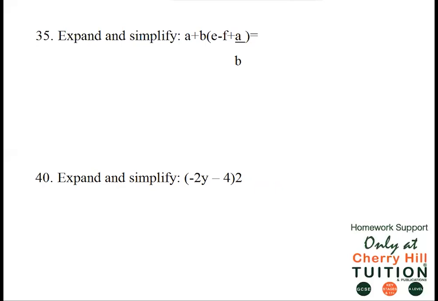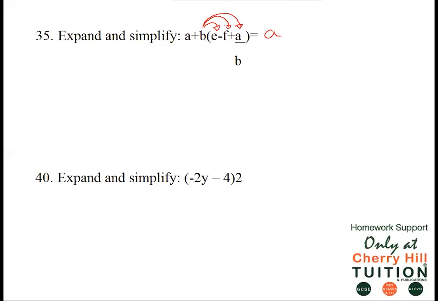So we just need to do a plus b multiplied by e plus b multiplied by minus f plus b multiplied by a over b. So the a just stays on its own. It doesn't have much of a role.